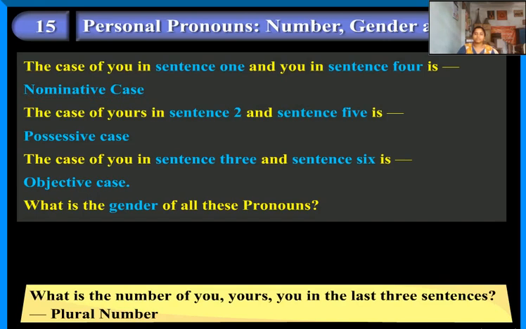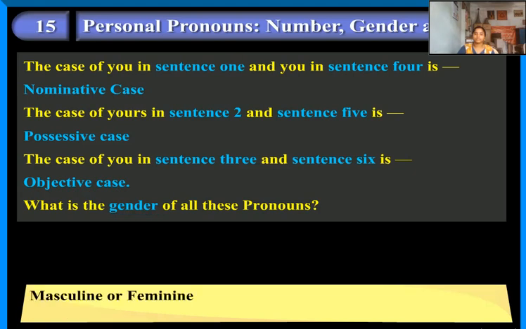The case of yours in sentence 2 and sentence 5 is possessive case. The case of you in sentence 3 and sentence 6 is objective case. What is the gender of all these pronouns? Masculine or feminine?